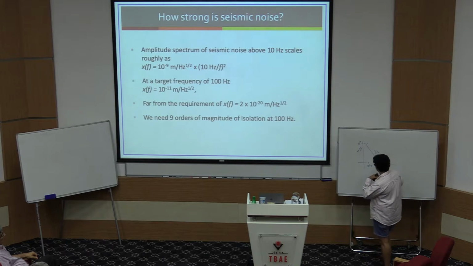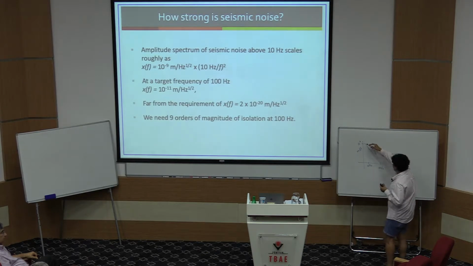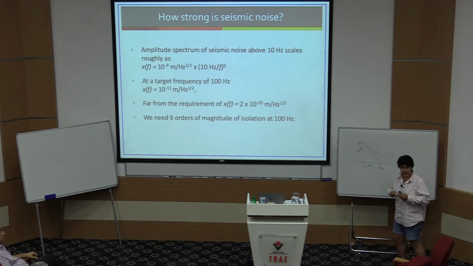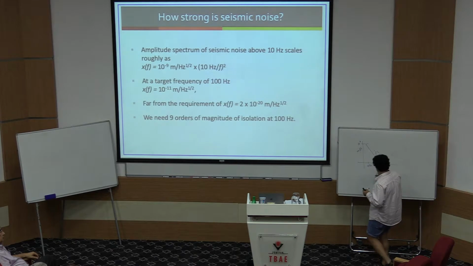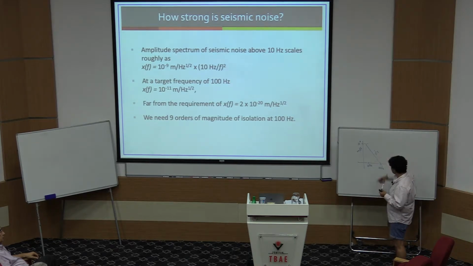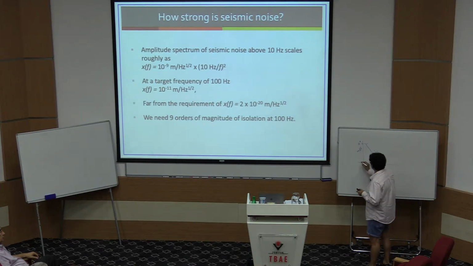So you can tell if it's falling off as 1 over f squared, then at 100 hertz, it should be 2 orders of magnitude smaller. Okay, so that's 10 to 100 is a factor of 10, 10 squared, so 100. So here at 100 hertz, it would be 10 to the minus 11. Okay, something like that.